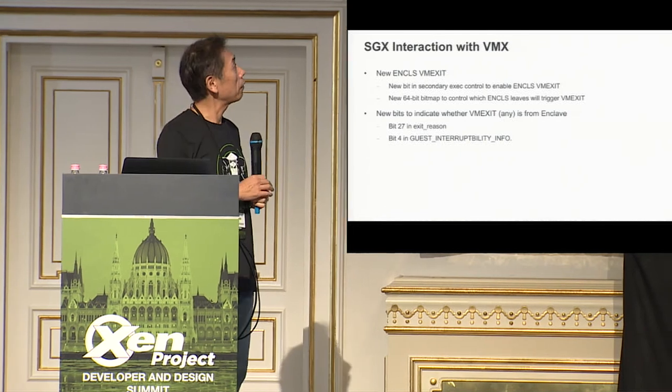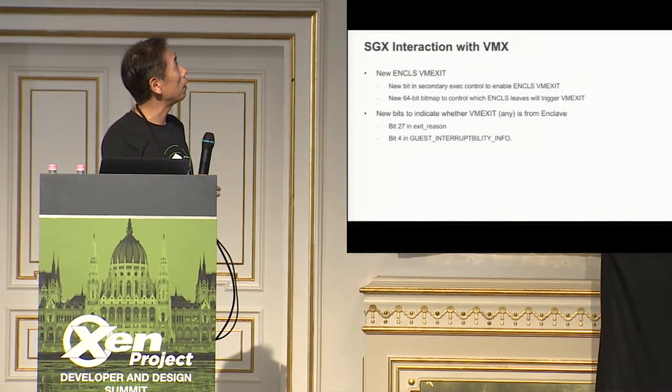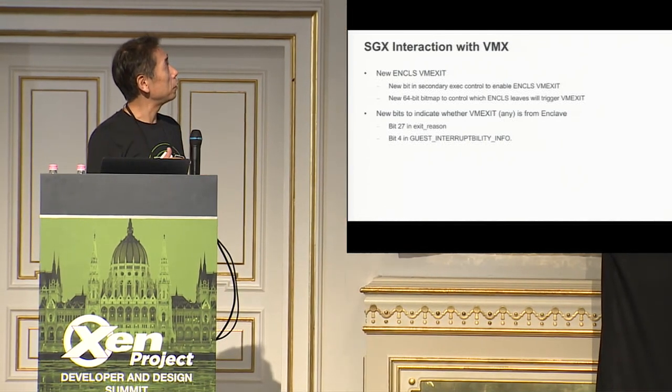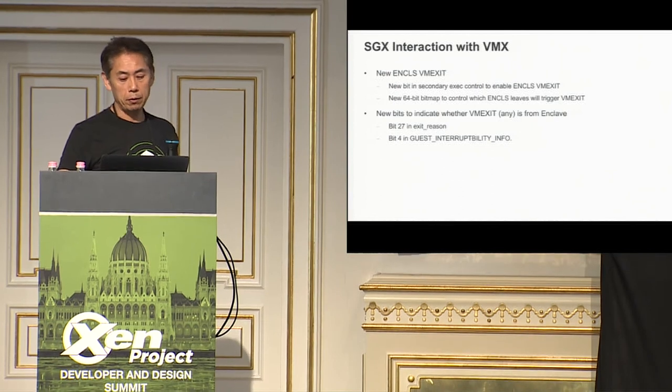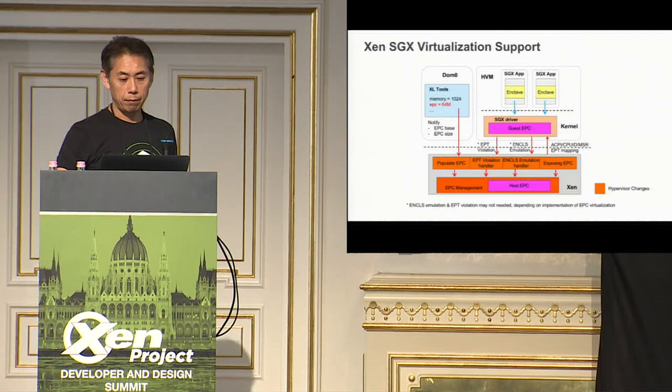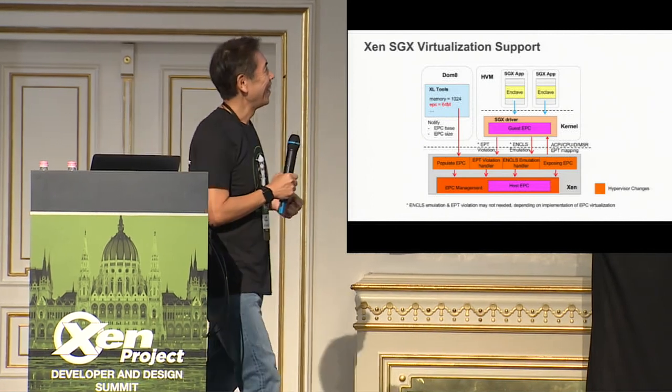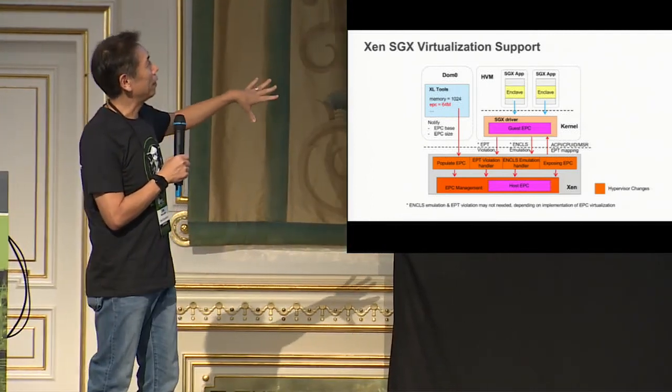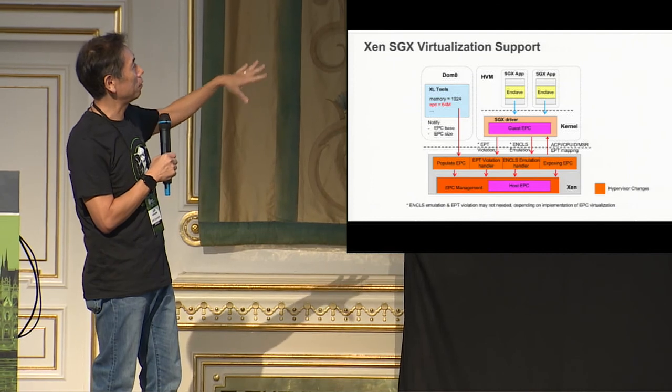Oh, and one more thing, I think I will cover this one. There is a new VM exit, and I'll talk about the options later. We're already at time, by the way. So this is a very quick view of the architecture.